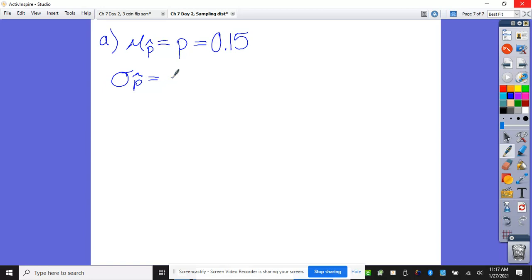It equals what? I'm just plugging my numbers in there: the 0.15, 0.85 or 1 minus 0.15, and what is my n?